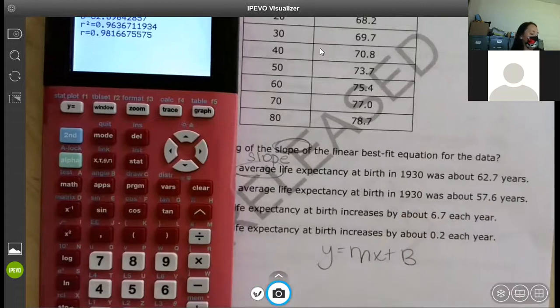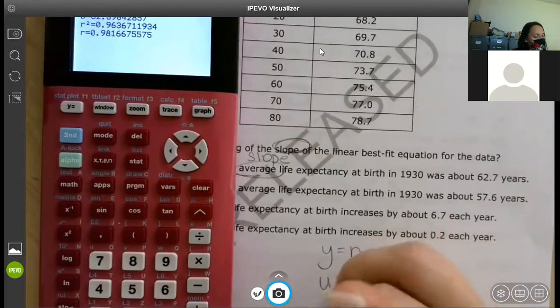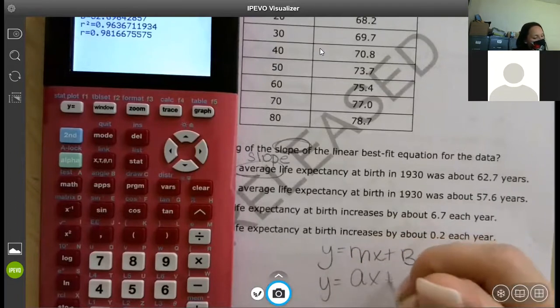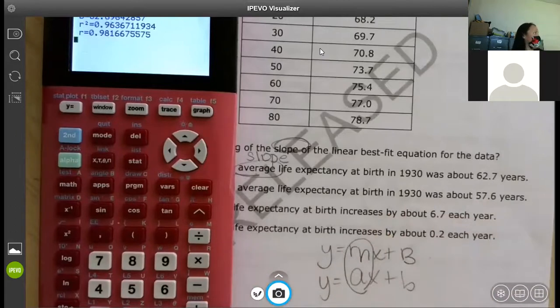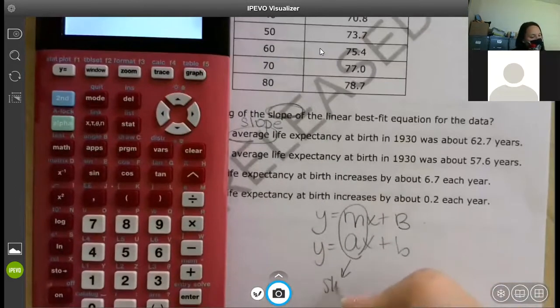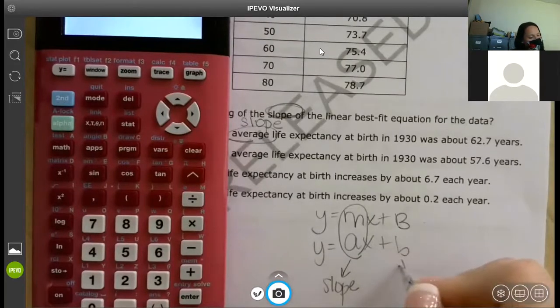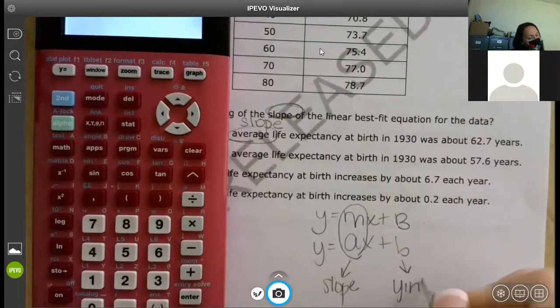Which one was the slope? Yeah, the number with x, right? In the calculator, it's ax plus b. So it's whatever your a is. So a is your slope. What is b? Your y-intercept, or where you start.